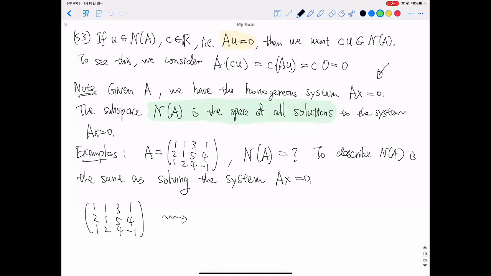And I'm gonna skip the lengthy part of this discussion, namely after several different row operations, we bring the matrix into reduced row echelon form, which in this case is the following.